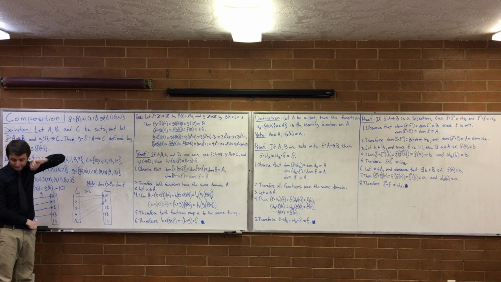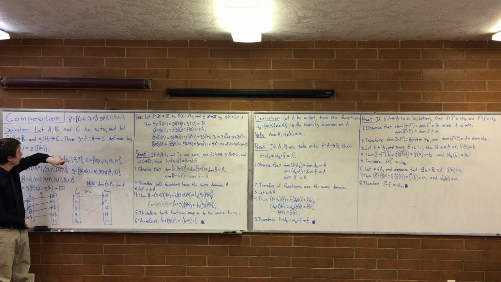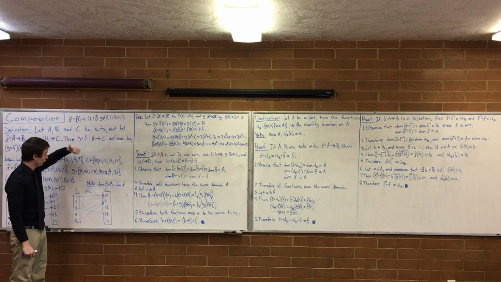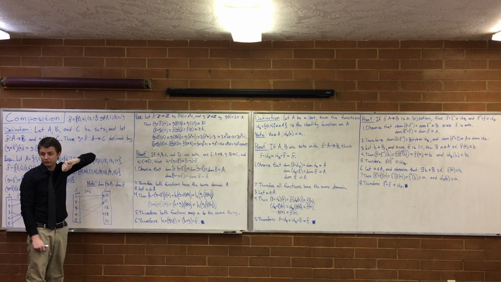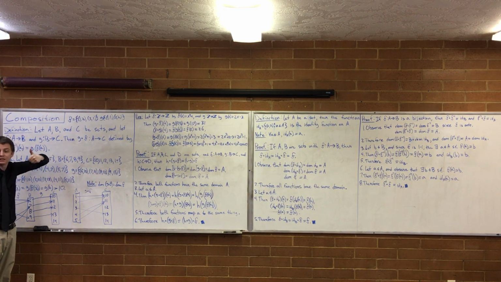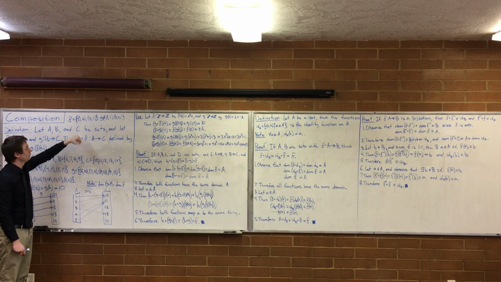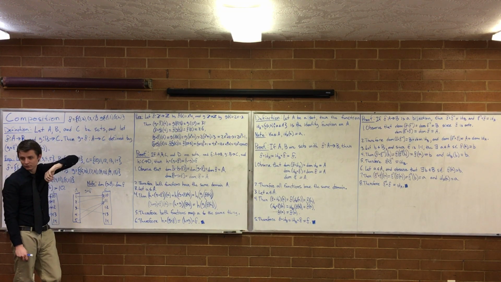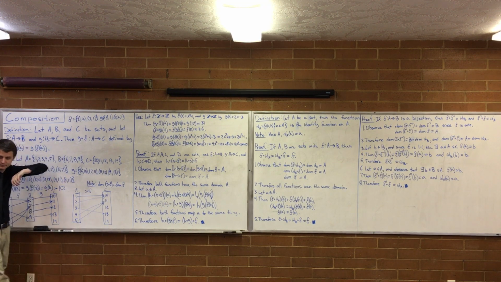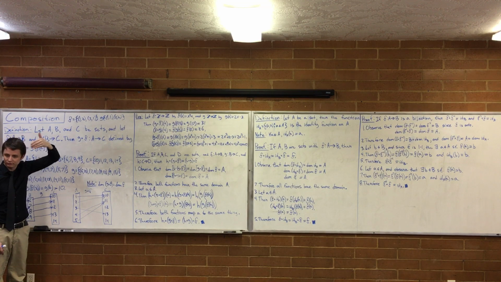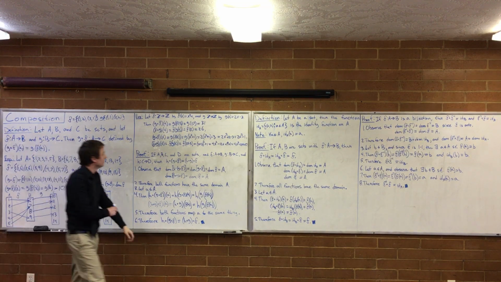So how do we check that functions are equal to each other? We check their domains are the same. This has 1 and 2 in its domain, good. This has 1 and 2 in its domain, good. That's the first thing we do. Then we say they map each element in the domain the same way. This maps 1 to 2, good. This maps 1 to not 2. So they're not the same. It might seem kind of weird when we're just looking at an example, but makes perfect sense.